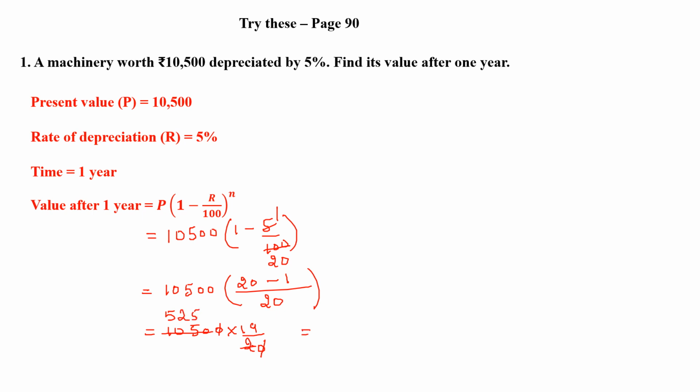So my final value is 525 multiplied by 19. So the value after 1 year will be 9,975 rupees. So you can see that the value of the machine is reduced. Initially it was 10,500 and after 1 year it became 9,975, right?